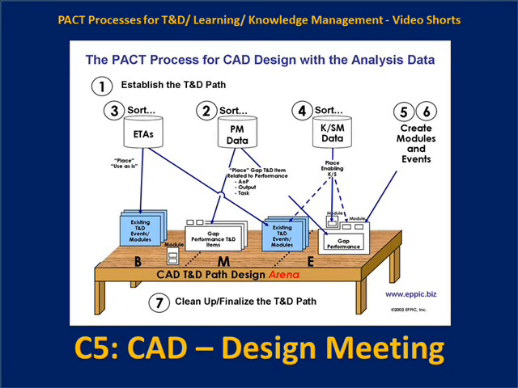The third sort is to take all of the knowledge and skill matrices data, which is in step 4, and now sort that. The way the knowledge and skills data was collected in the analysis phase linked each knowledge and skill item back to an area of performance that had one or more outputs. All of that data is now on the table, so we can take each knowledge and skill item that enables performance and tee it up, so to speak, immediately before that performance.